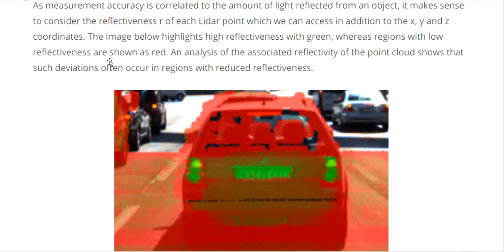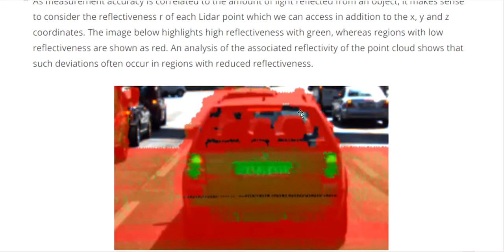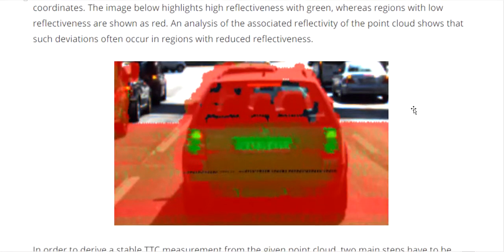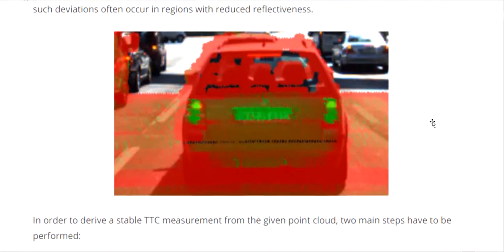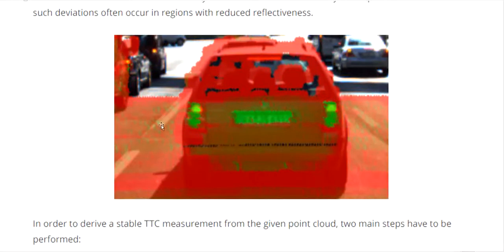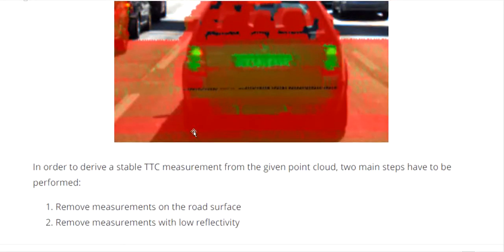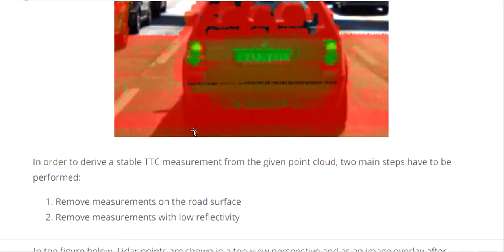It means the reflectiveness R. Also, the image below highlights high reflectiveness with green, whereas regions with low reflectiveness are red. In an analysis of the associated reflectivity of the point cloud, deviations often occur in regions with reduced reflectiveness. So right here you can see the intensity color overlaid onto the camera image, with low reflectiveness and high reflectivity.